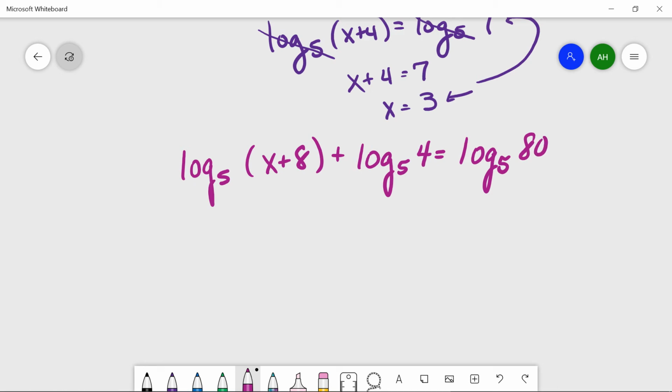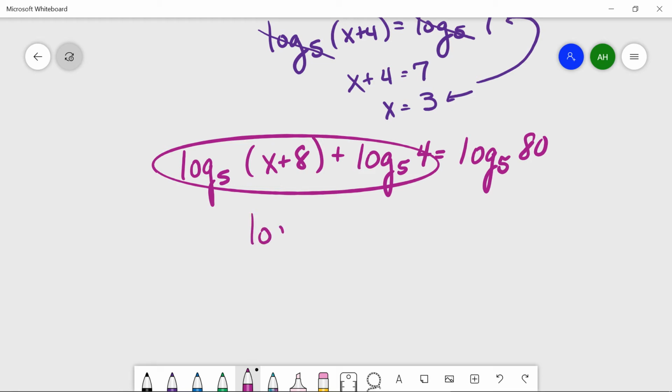Let's take this over here. This is an expanded version, so let's condense that. This is going to be log base 5 of 4 times x plus 8 equals log base 5 of 80.